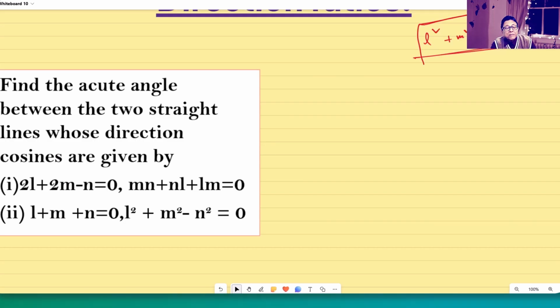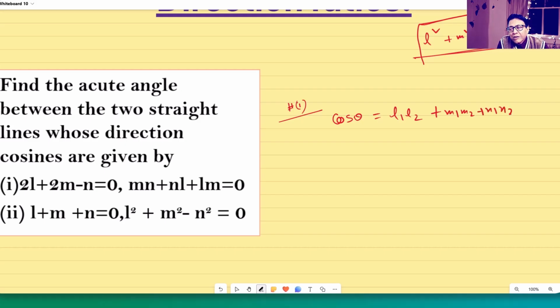The question is: find the acute angle between the two straight lines whose direction cosines are given by 2L plus 2M minus N equals 0, and MN plus NL plus LM equals 0. If we find the direction cosines and then the angle by the formula cos theta equals L1 L2 plus M1 M2 plus N1 N2, it will work nicely.